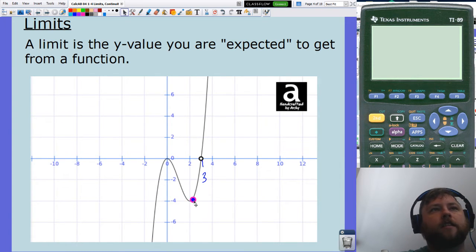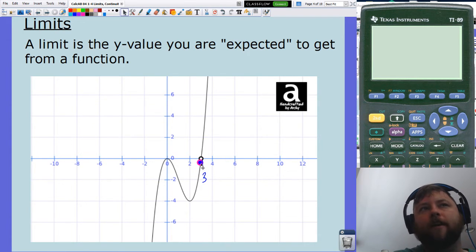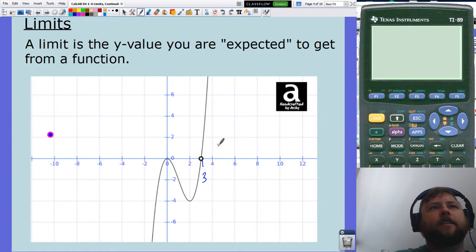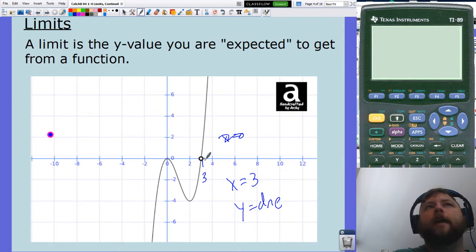And as long as it's following the path of this, when it gets to 3, I'm kind of expecting the y value to be 0. But what actually happens is there's an open hole right here. So at x equals 3, y does not exist. But wait, I expected if it follows this path, it would be 0.